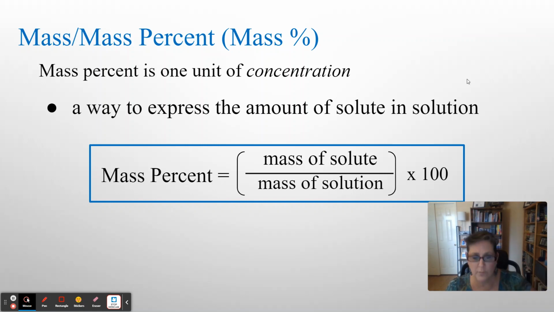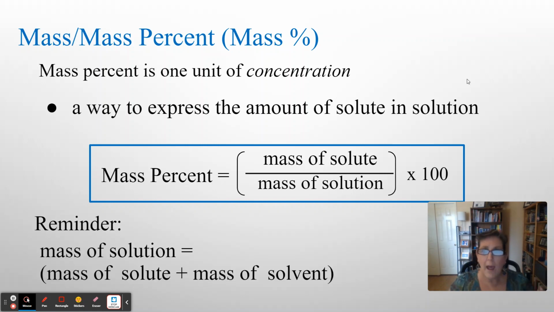So again, it's part over total. Now what you have to remember is the total mass of the solution means it's the solute plus the solvent mass together. So you have to remember the total solution is solute plus solvent, not just the solvent.